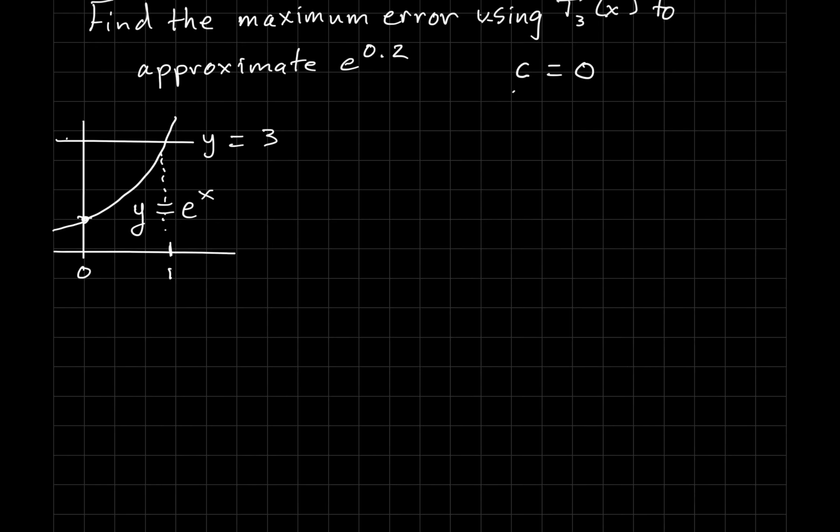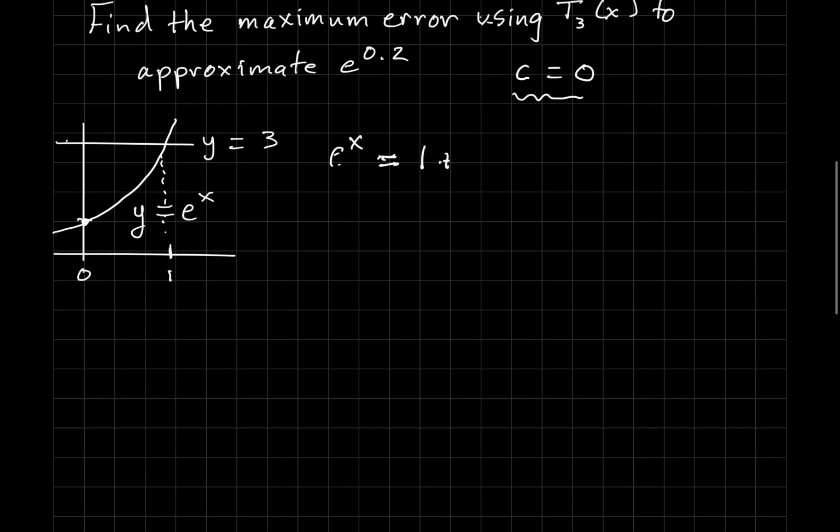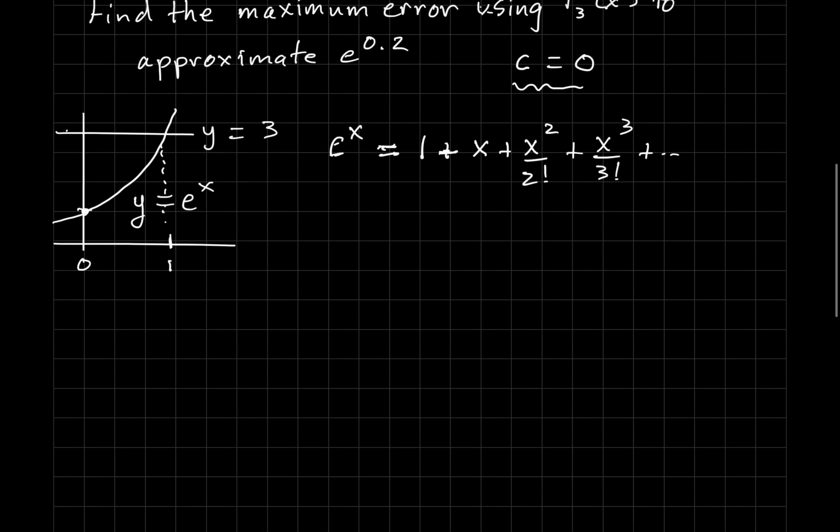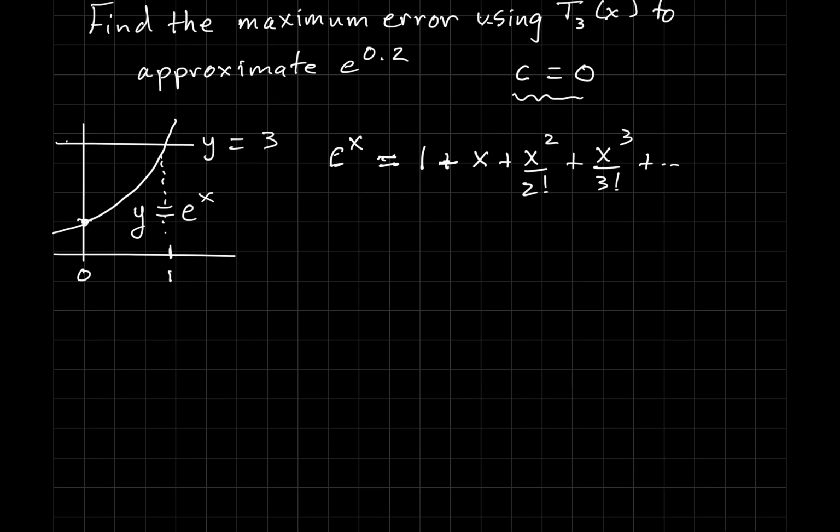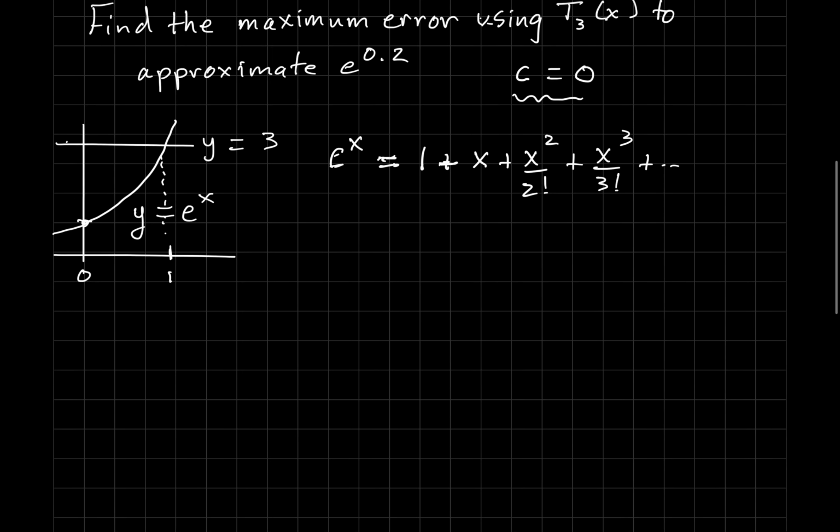It makes sense to use my center as 0 because 0 is close to 0.2 and because I know the Taylor series, or the Maclaurin series in this case because I'm centered at 0, for e to the x. But all I want to do is find the maximum error. I don't need to find the polynomial itself.